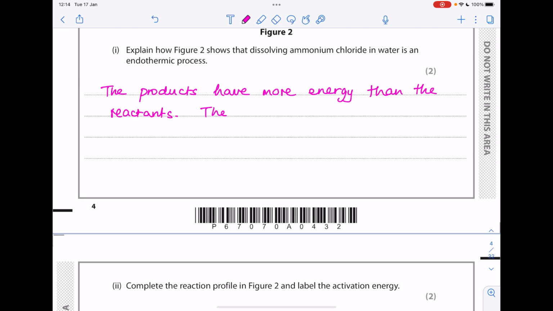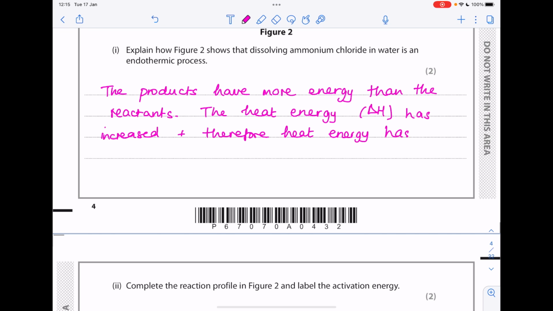The heat energy, so delta H, has increased. And therefore heat energy has been absorbed.